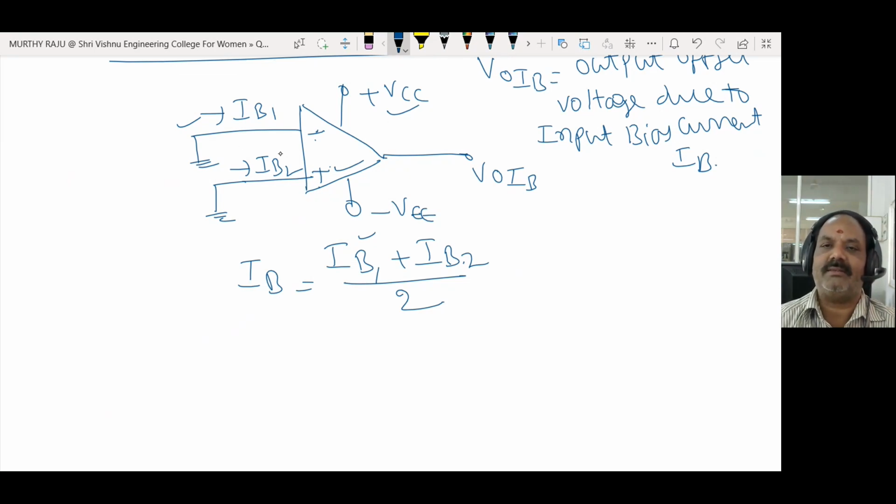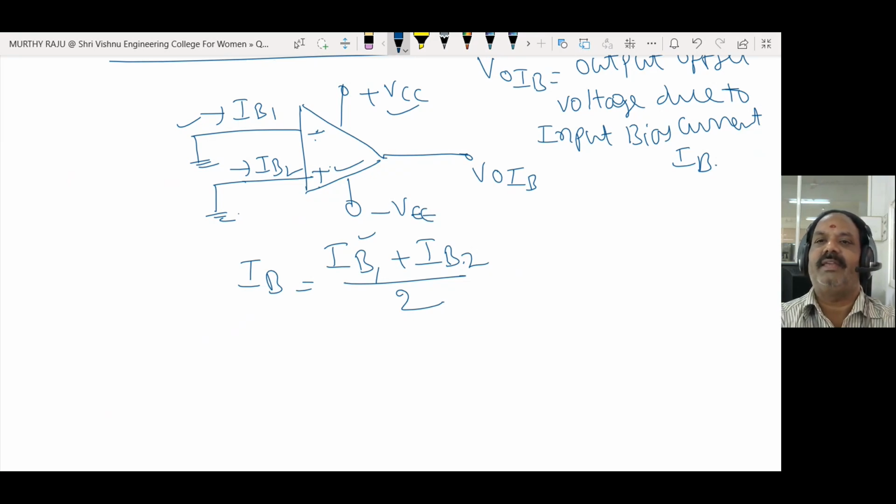Even if the input voltages applied to both terminals are grounded, plus and minus supply voltages are necessary to bias the op amp properly.